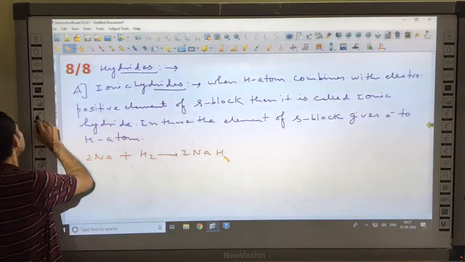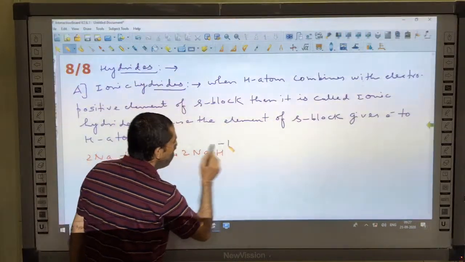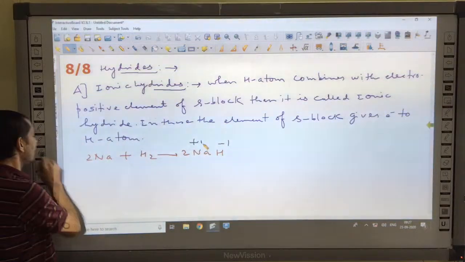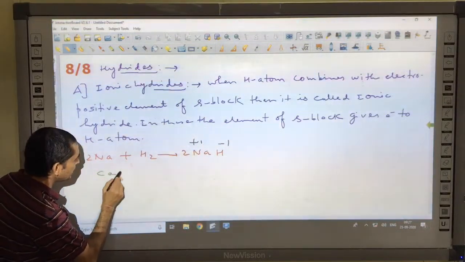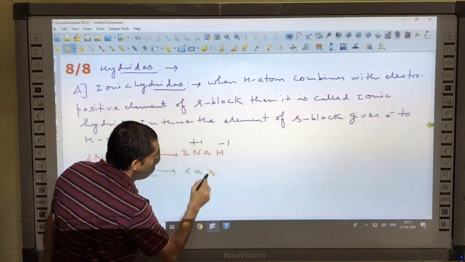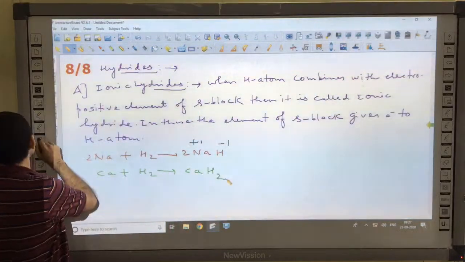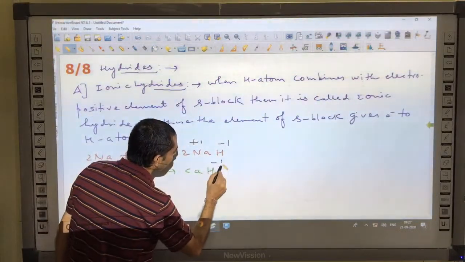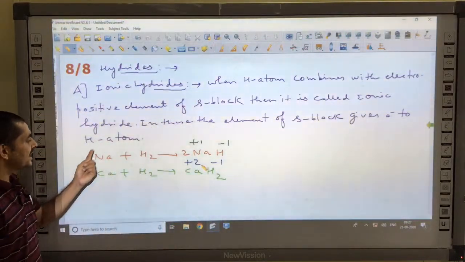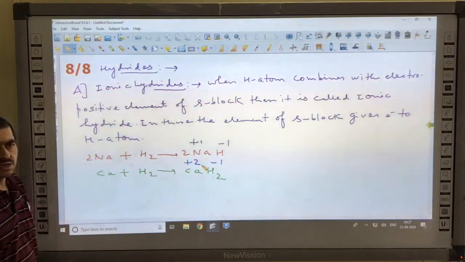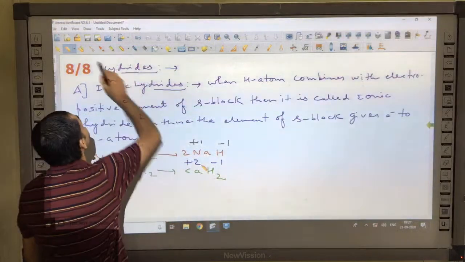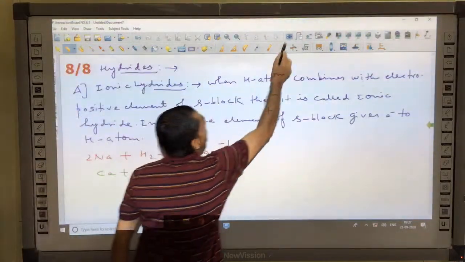If you see its oxidation number, hydrogen is -1 and sodium is +1. Second example, calcium plus hydrogen gives calcium hydride. Here hydrogen is -1, calcium is +2. These elements give electrons to hydrogen, so these are ionic hydrides. Clear?